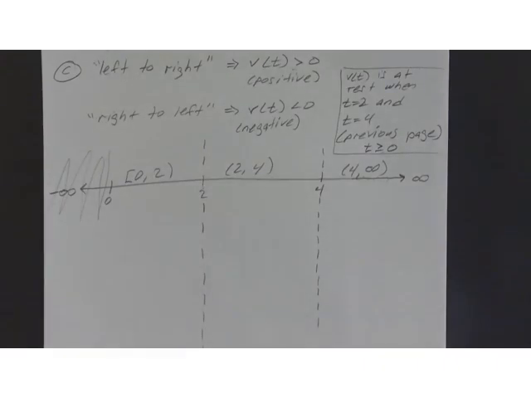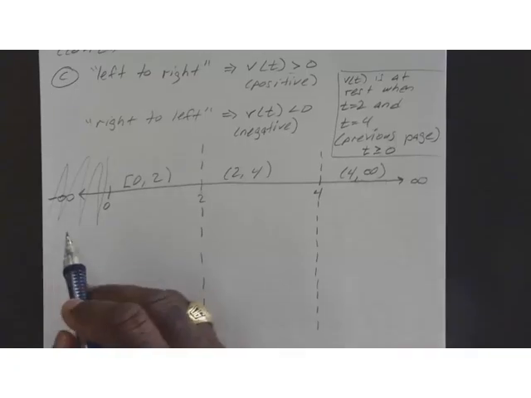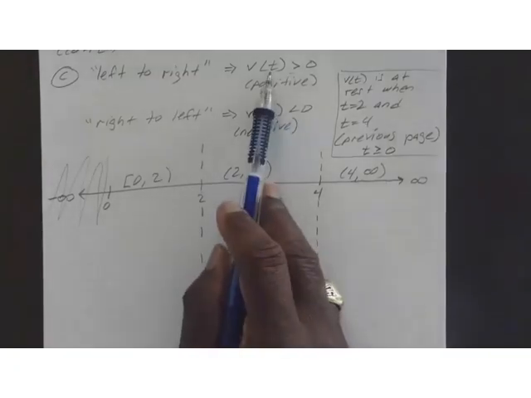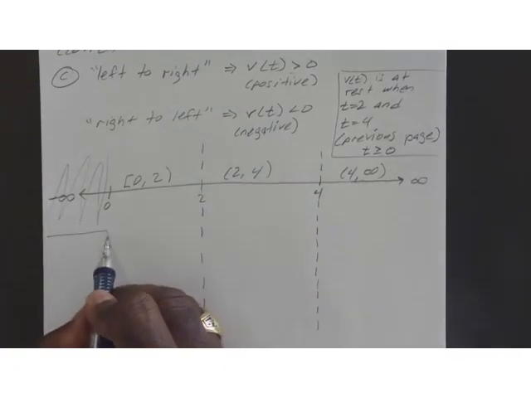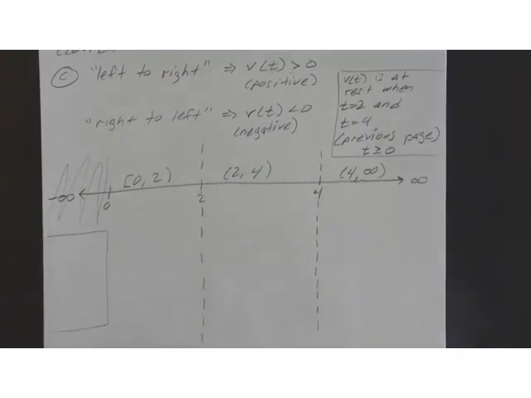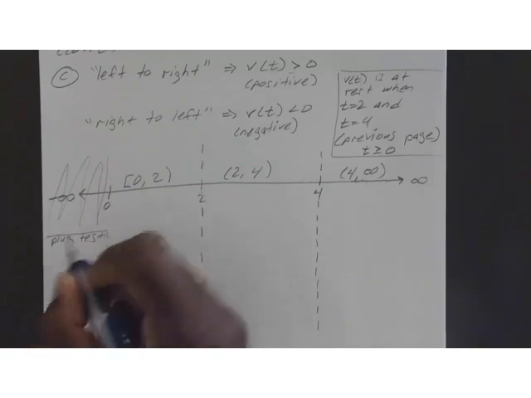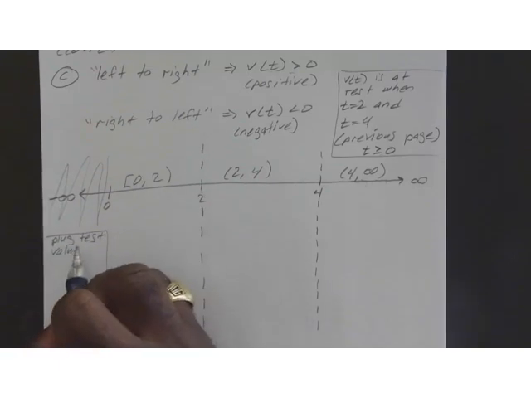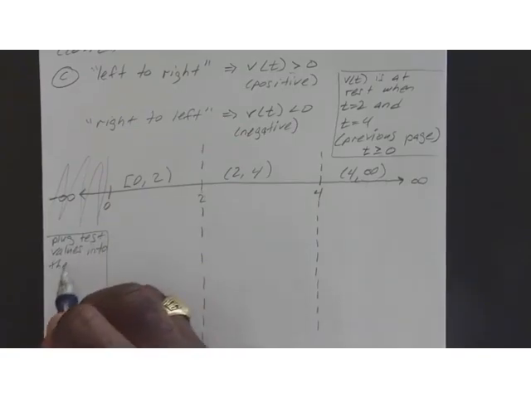Okay. So to find out where the velocity is positive or negative, we want to plug test values in each interval into the velocity function.